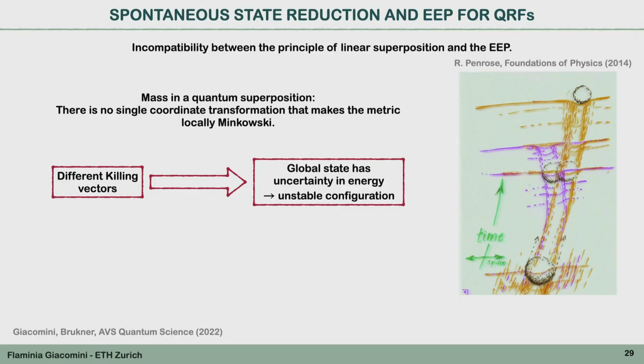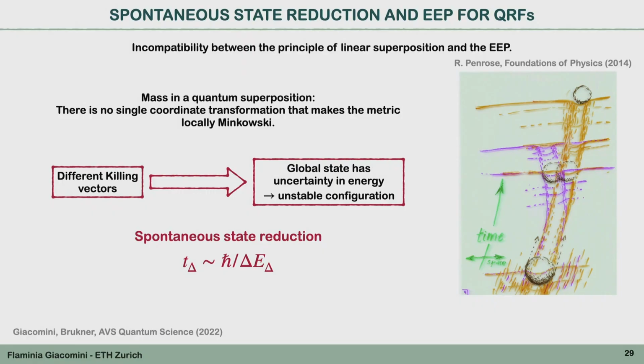There are different energies associated to each Killing vector in the two amplitudes. And then he says, if I have a superposition of gravitational energies, then I have an unstable configuration. And hence, it should decay in a time that is roughly h bar divided by the difference in gravitational energies for the two configurations. So this is his statement.